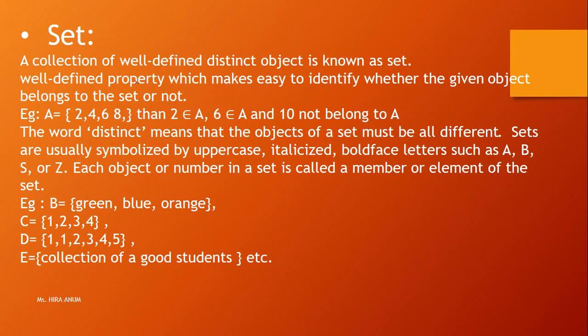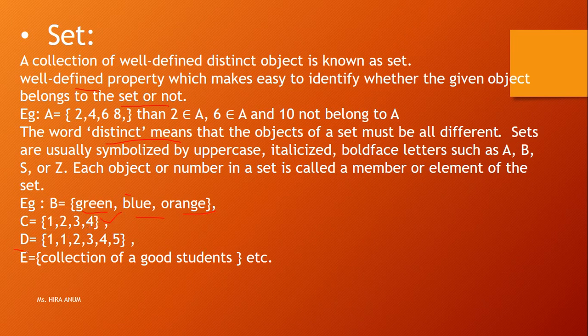A set is a well-defined collection of distinct objects. Well-defined also means we know whether an object belongs to the set or not. Distinct means different from the others. You can see if you have green, blue, orange, different colors, this is a set. If you have 1, 2, 3, 4, this is a set, this is well defined.